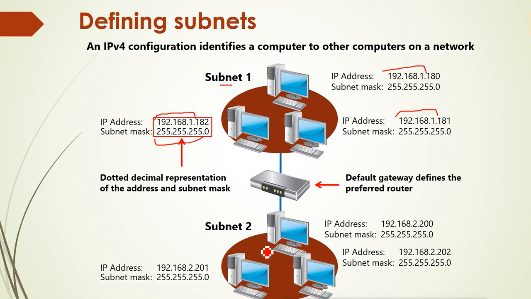Now in the other subnet, you can see 192.168.2. Now they have a different network ID. So different network IDs based on the subnet mask, and because of that, they are considered a different subnet.